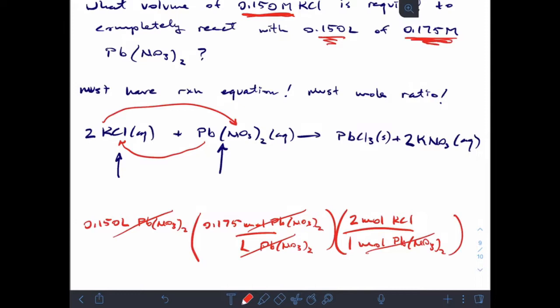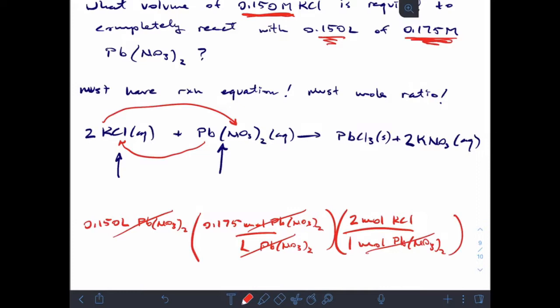Now the question ultimately wants volume. So if I have moles and I have molarity, I can use that to convert to volume, because molarity is all about moles and volume. All right, I'm going to have to come down to a second line because I'm about out of room here.